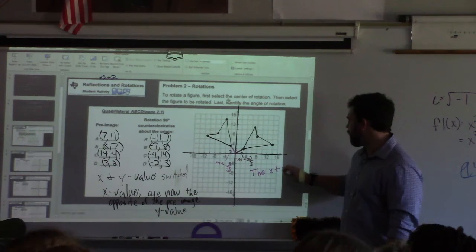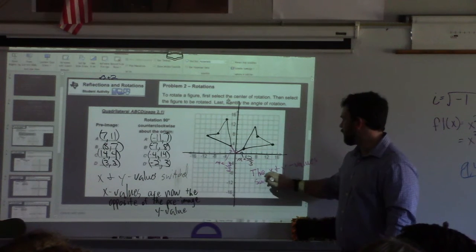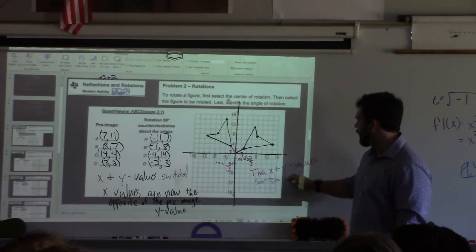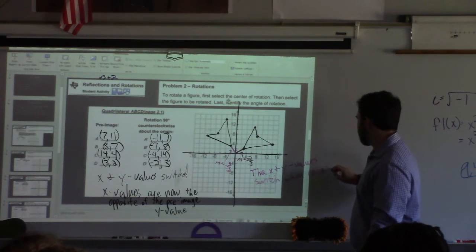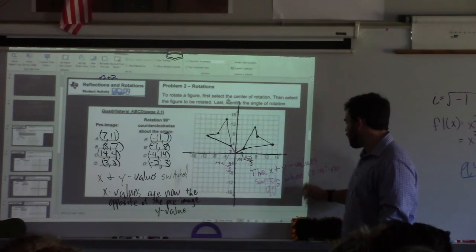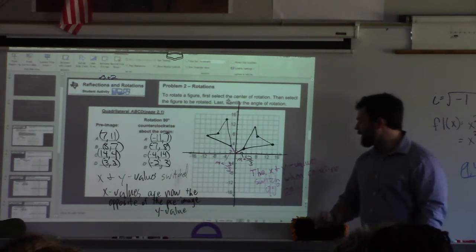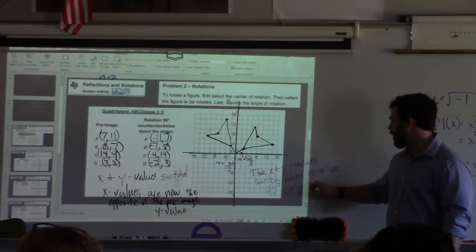The x and y values switch when rotating how many degrees? Rotating 90 degrees only.